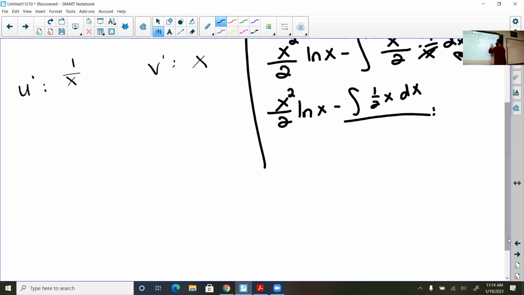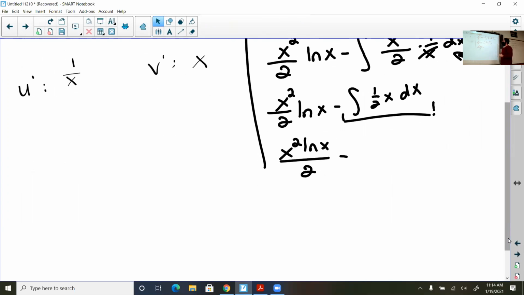And so now if I take the integral of this quantity, the antiderivative of 1/2 x, well, I know it's going to be x squared. And again, I have to think to myself, what would be the coefficient that would be in front? Well, if I am going to be bringing down the 2, and I would have 2x, what would have to be there in order to have 1/2 x?